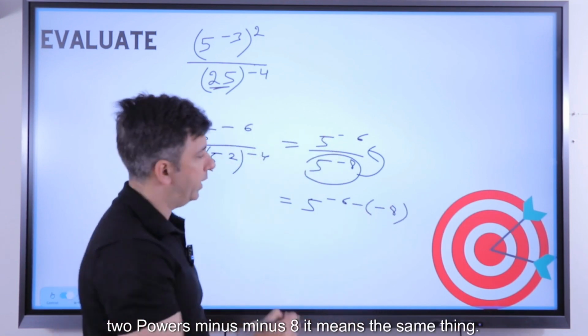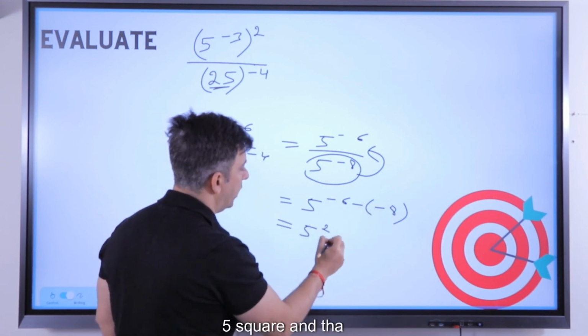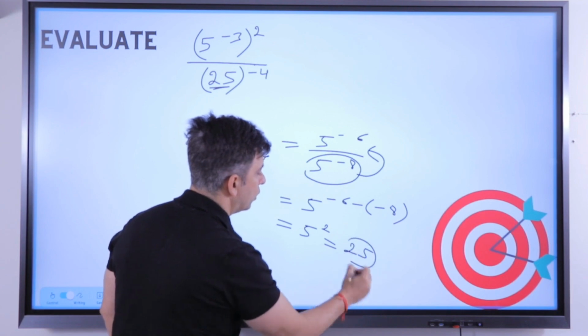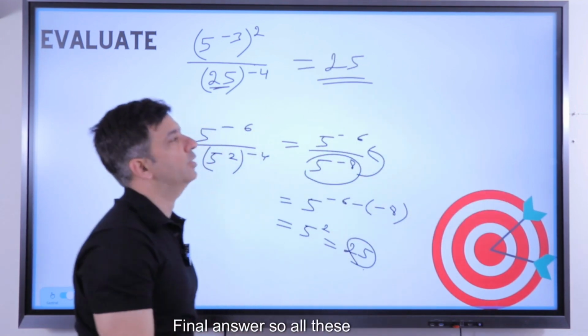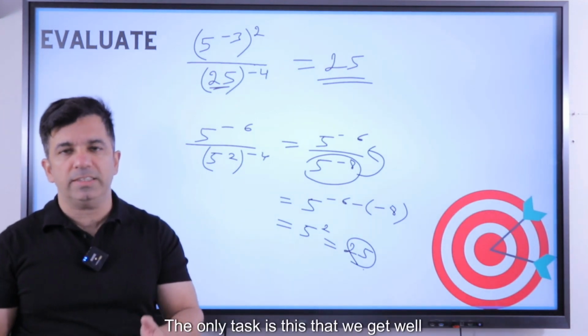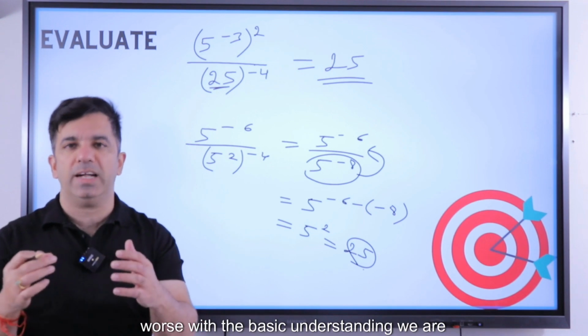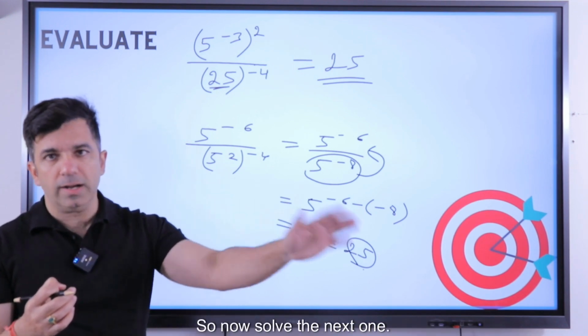It means the same thing. So this gives me minus 6 plus 8, which means 5 square, and that is 25, which is my final answer. So all these are very straightforward questions. The only task is that we get well versed with the basic understanding, and we are able to do this very fast. So now solve the next one.